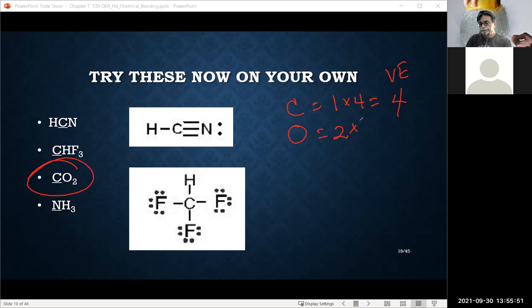You got it. That's because it's in group 6A. So that means I've got 12, 2 times 6, 12. So I have a total of 16 valence electrons. Is that correct?